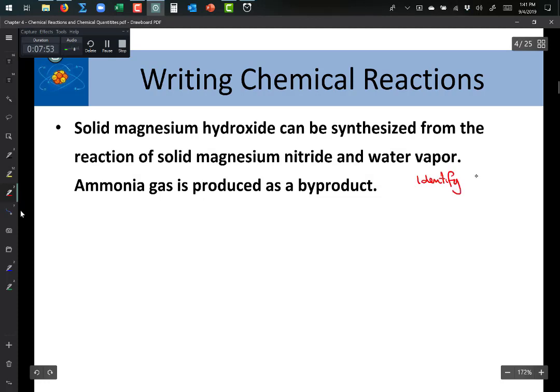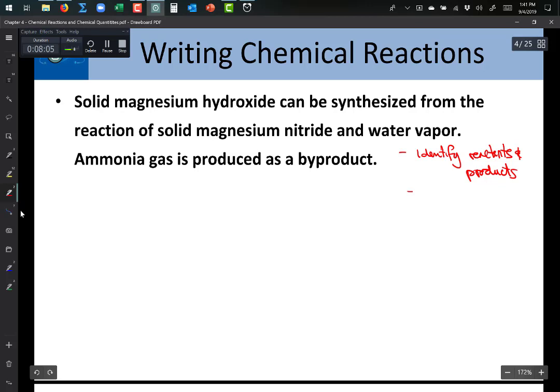This is what I do. The second thing that we're going to do is we're going to write down chemical formulas.